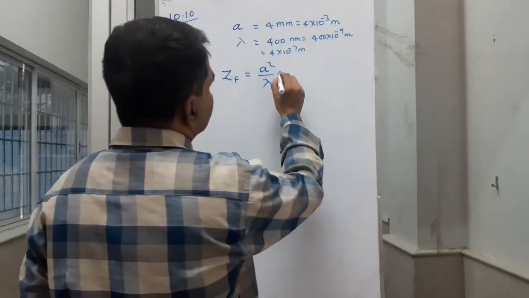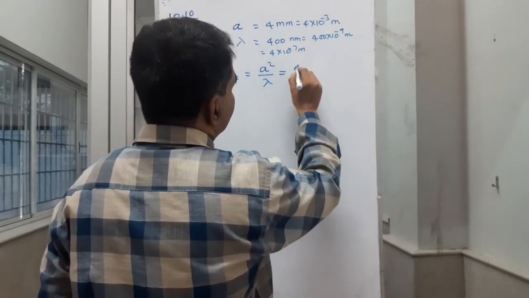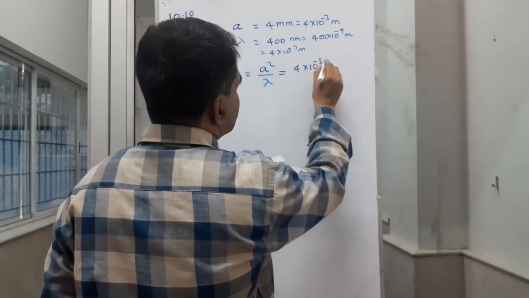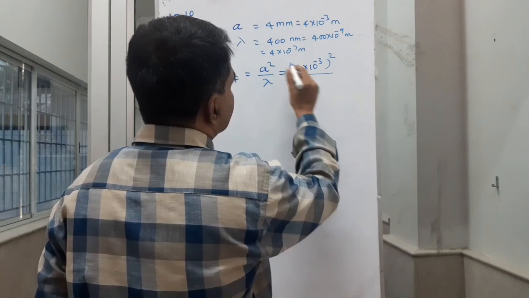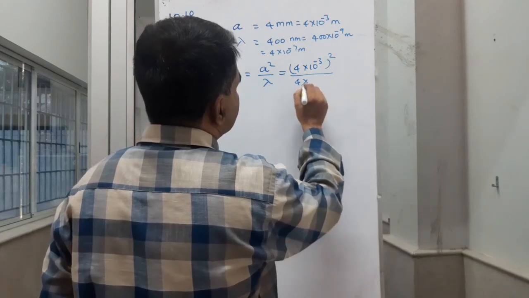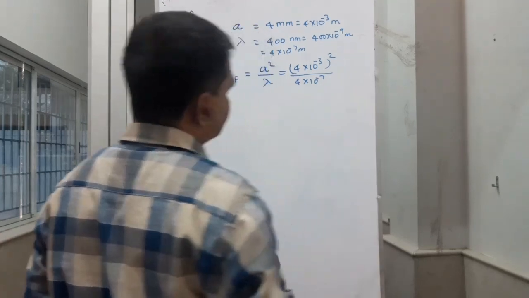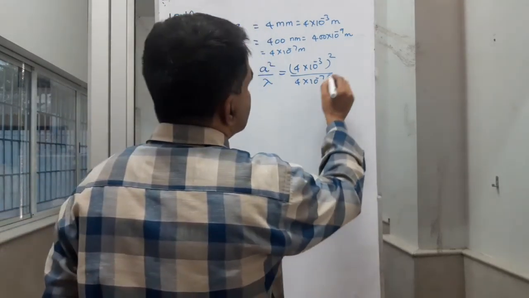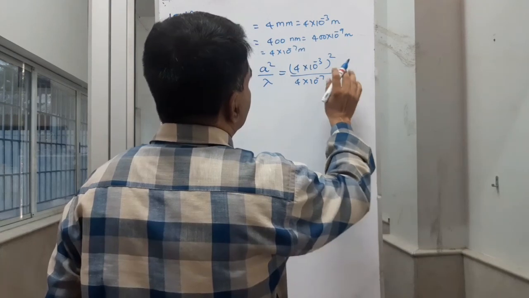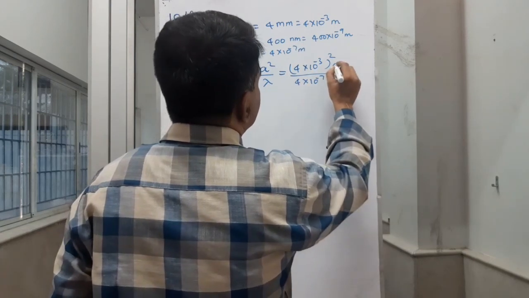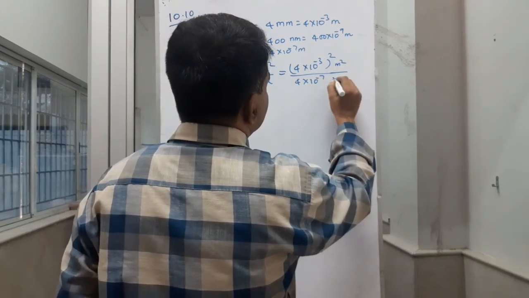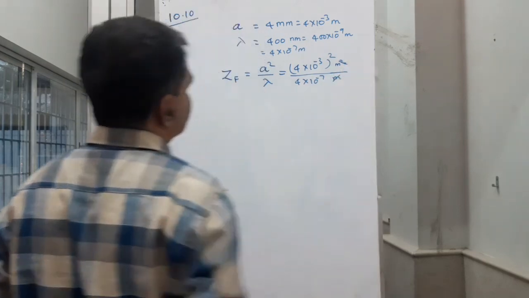So what's a here? It's 4 into 10 power minus 3, the whole square, divided by 4 into 10 power minus 7 meters. Okay. So this is meters squared and this will be meter, so meters.